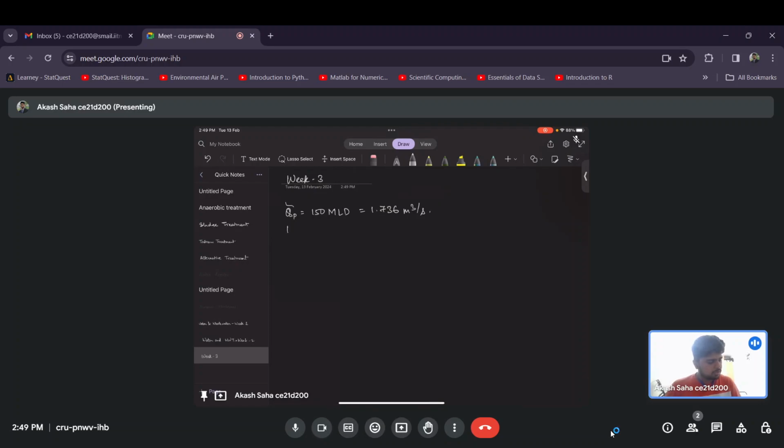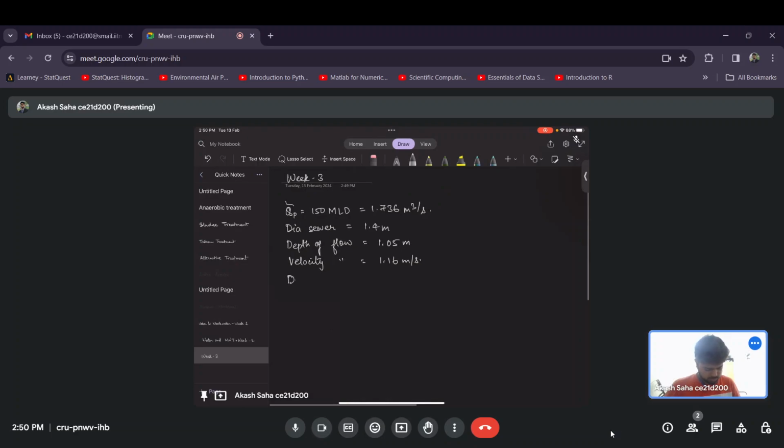Now the diameter of my sewer is 1.4 meter and the depth of flow is given as 1.05 meter and the velocity of flow is 1.16 meter per second.